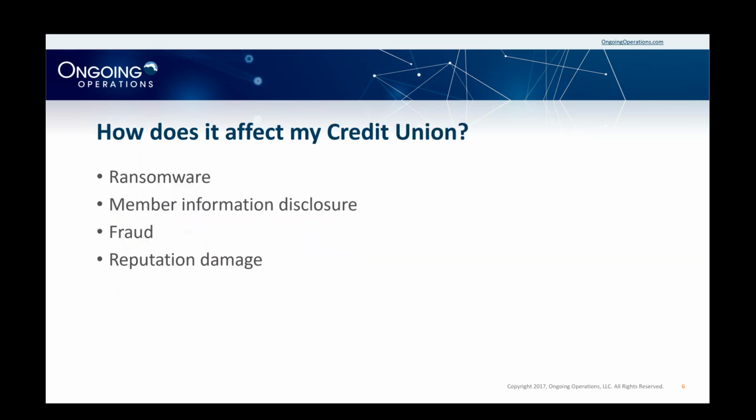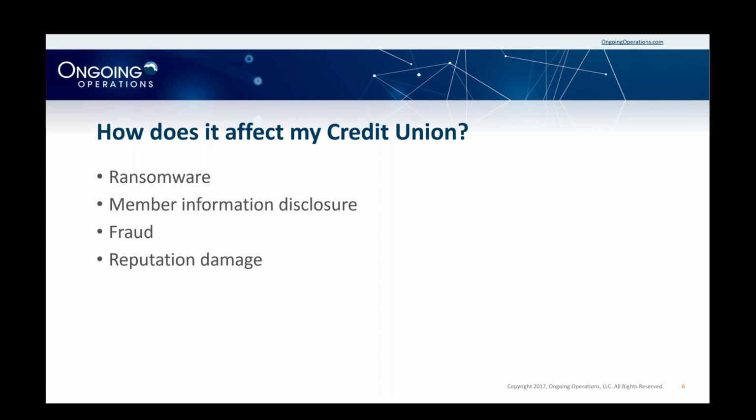All right, and so, we want to talk about, how does this affect my credit union? Social engineering is really ways that folks are getting ransomware into your environment so that they can profit. Member information disclosure through a number of different channels, either credential harvesting or the ability to get in and access your systems.